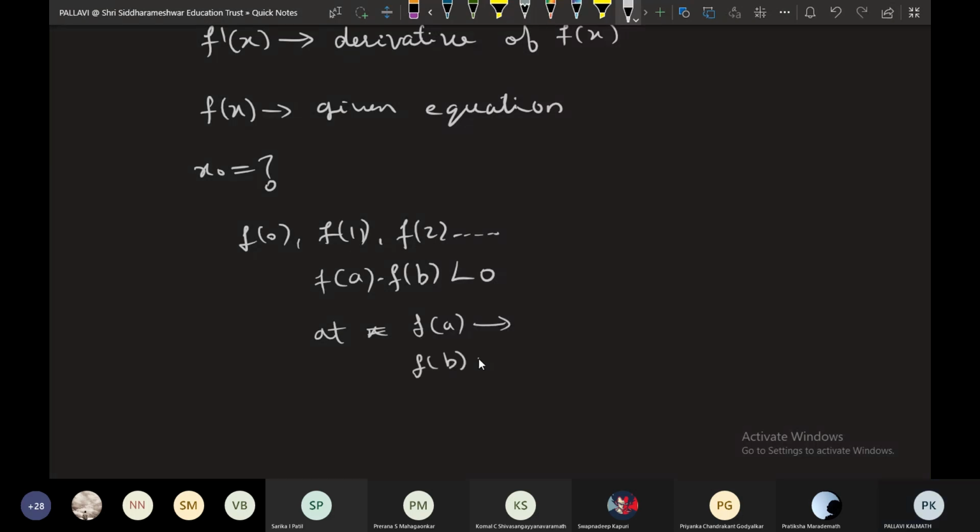Out of these two, you will find which is closer to 0. You will find whether the value of f of a is closer to 0 or whether f of b is closer to 0.